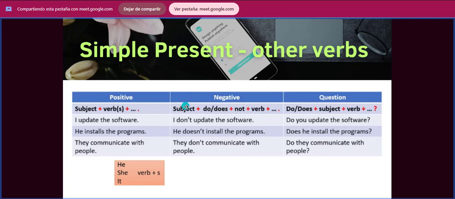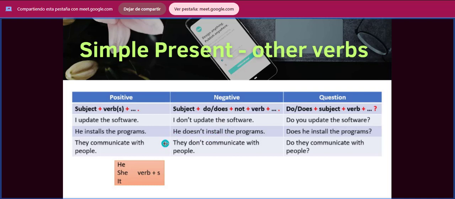So we will have first the subject, then the auxiliary, then not, then the verb, and then the rest of the sentence. So for example, in the case of I, we'll say I don't update the software. But in the case of he, she, or it, we'll say he doesn't install the programs. So as you see, we changed the auxiliary, but we don't add the s to the verb.